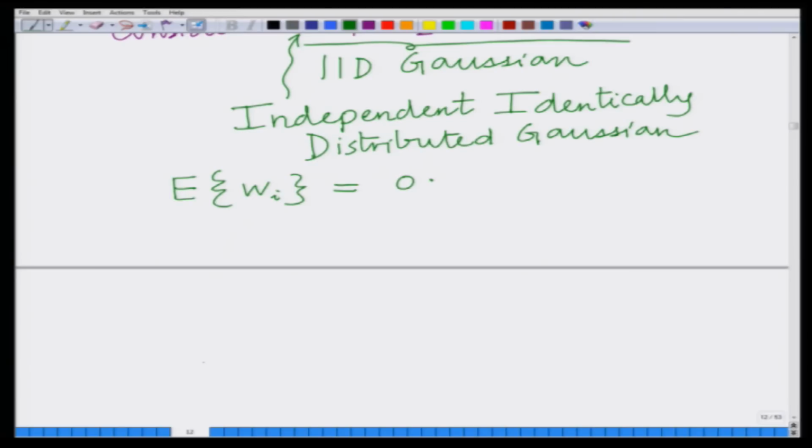Further, let us assume that each noise sample has power or variance expected magnitude Wi square equals sigma square.